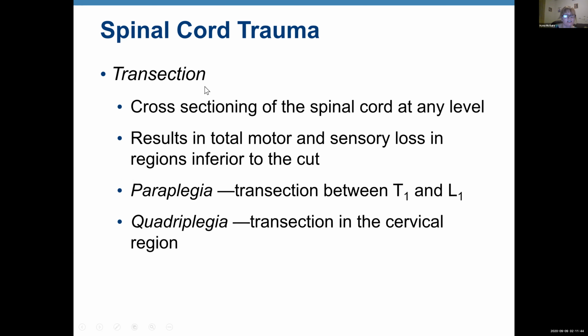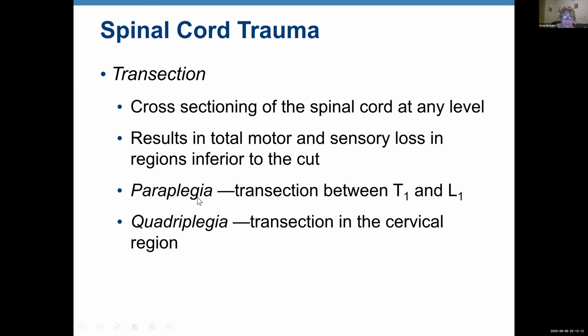Now, what is transection? Transection is a cross-section of the spinal cord at any level, and then you lose both sensation and motor function, right? That's what transection is. Now, it depends where you have this trauma, where you have this cross section.